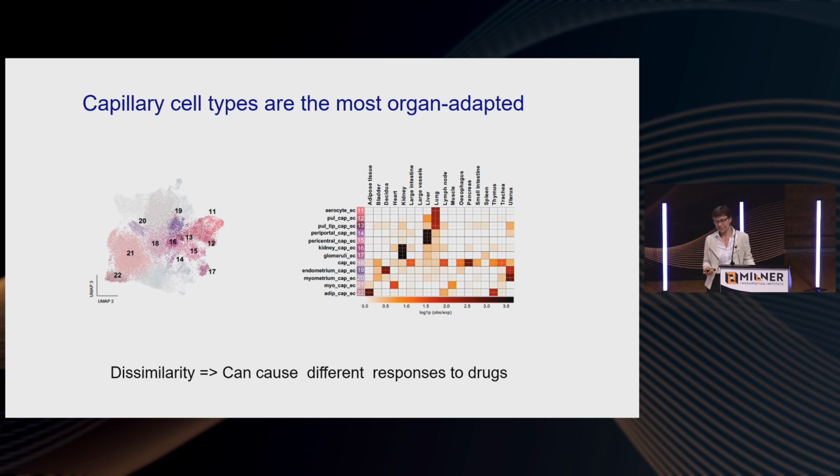What we find particularly is that capillary cell types are the most organ adapted. This heat map shows a dissimilarity plot that shows the uniqueness of capillary cells in the different organs. And of course, when you have this dissimilarity, you can imagine that this can lead to different drug responses.